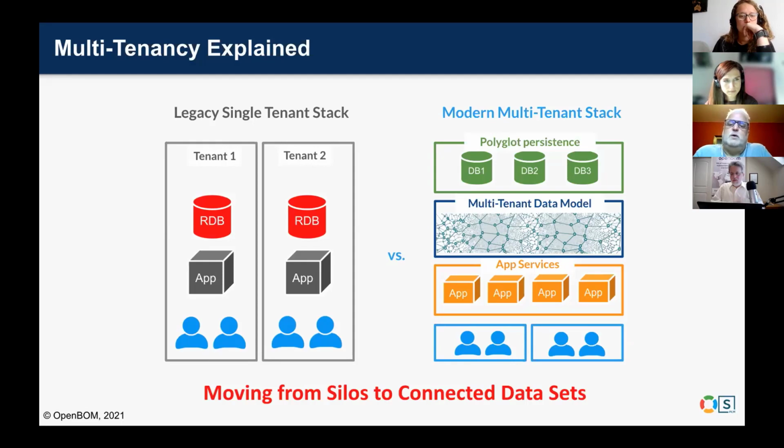And this is where we come to polyglot persistence. Polyglot meaning multiple languages. It's a term in software engineering that basically describes what we believe in: using multiple persistence mechanisms and the right tool for the right job.